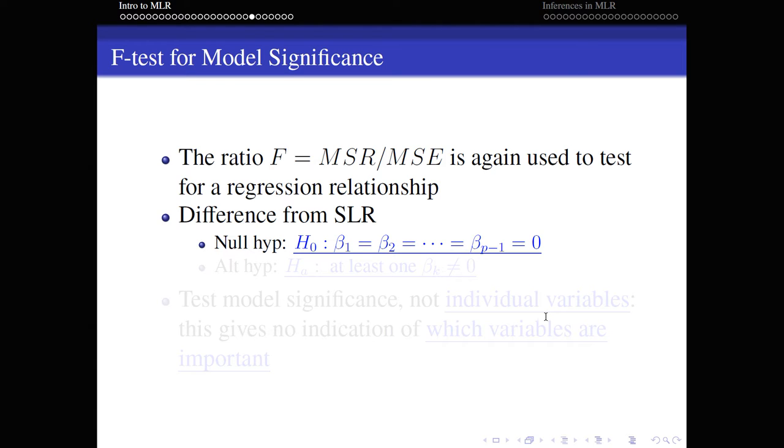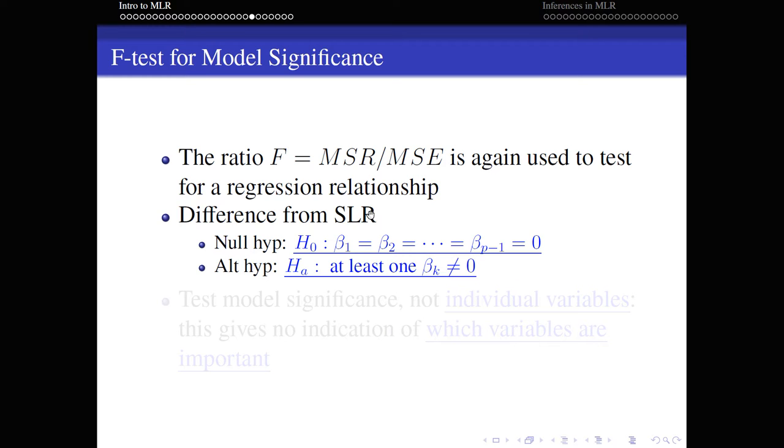In simple linear regression, we were testing whether the slope parameter was 0 or not using the F-test from ANOVA. In this case, though, we're testing whether all of the coefficients of the independent variables are 0, or if any one of them is not 0.